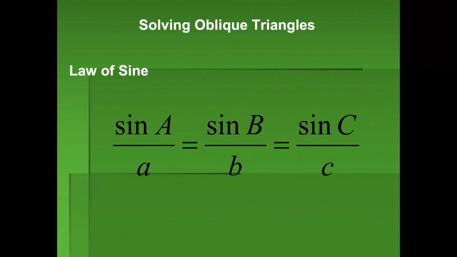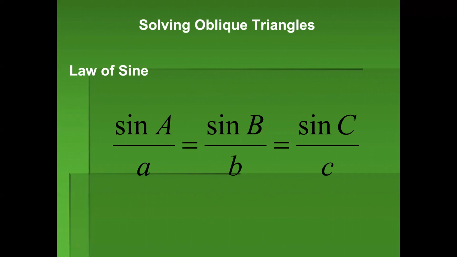The law of sine can be represented by this formula, wherein uppercase letters or capital letters are angles, while lowercase letters or small letters are the sides. So here, we are just taking any pair of the formula, whether we have sine A over A equals sine B over B, or sine B over B equals sine C over C.